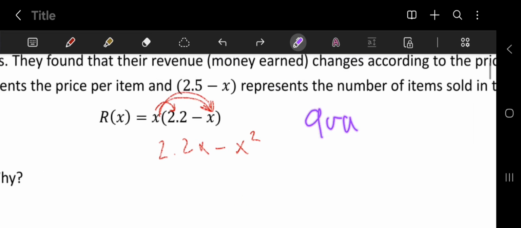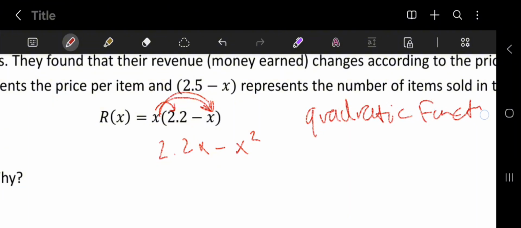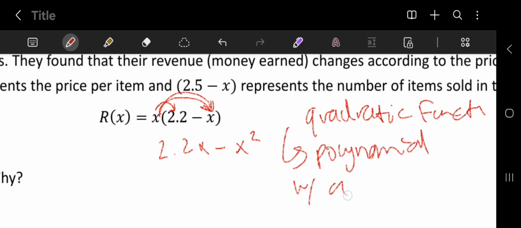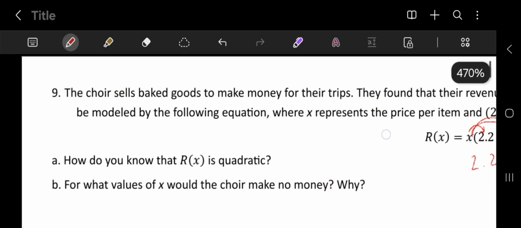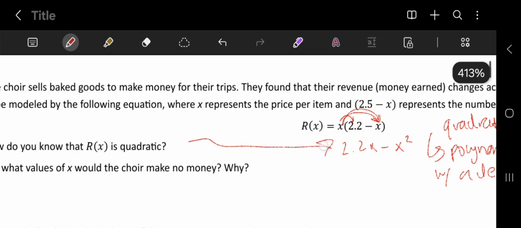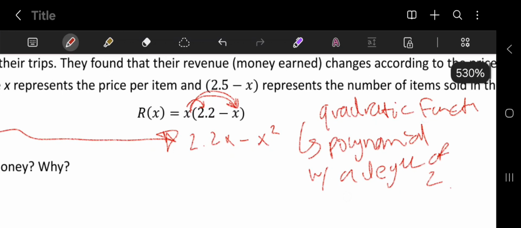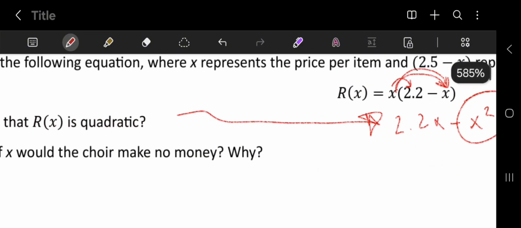A quadratic function, I don't know if you all remember this, is a polynomial with a degree of 2. So for our explanation for A, we can just say that it is quadratic because it is a polynomial function with a degree of 2. That's our degree of 2 right there.